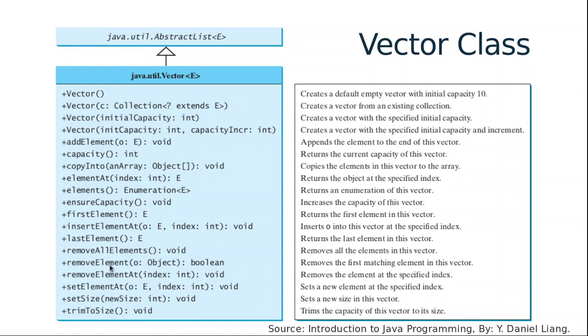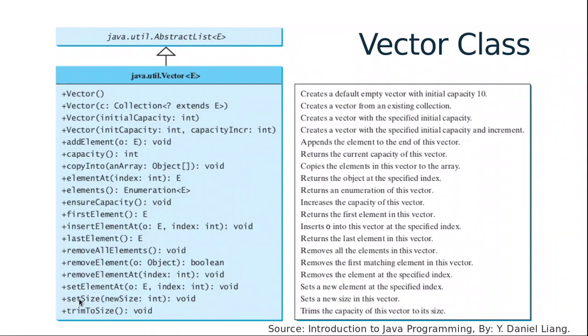With removeElement, the given object element will be removed from the vector. The removeElementAt method is going to remove the element from the given index. The setElementAt method is going to set your element with this newly given object at a given index.